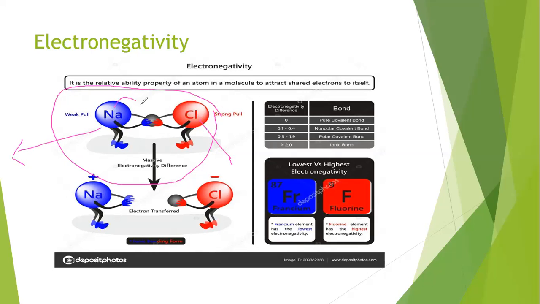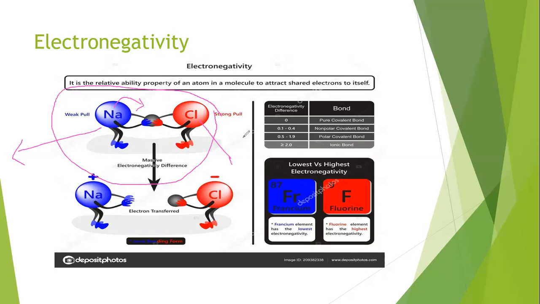will lose its electron because of low electronegativity, a low ability to attract the shared pair of electrons towards itself as compared to chlorine. Chlorine has the ability to attract the shared pair of electrons towards itself.